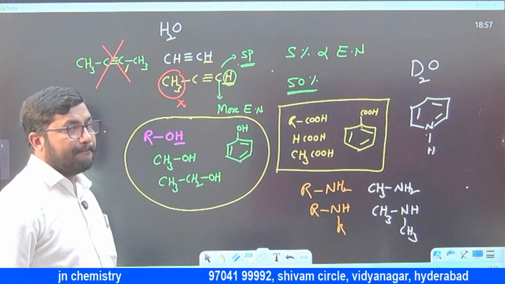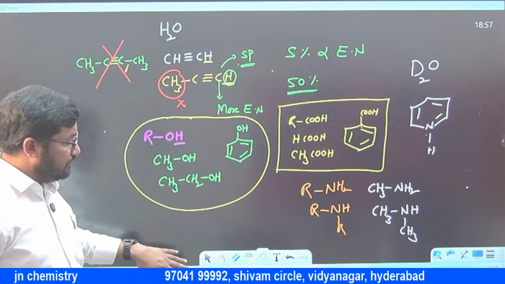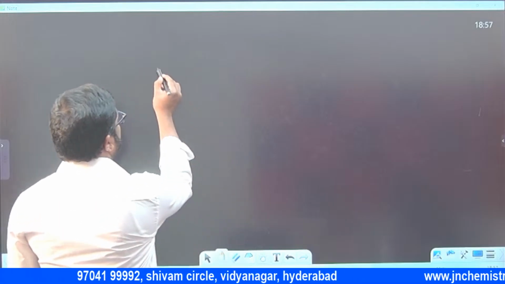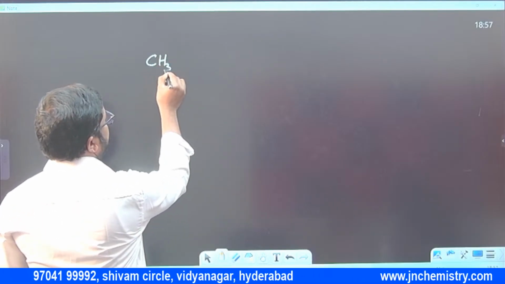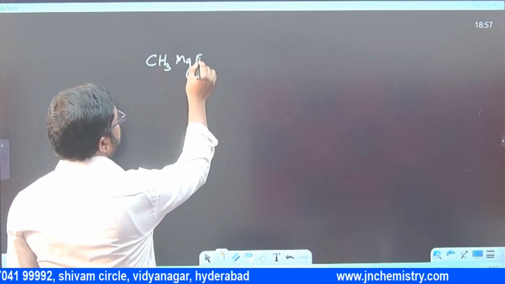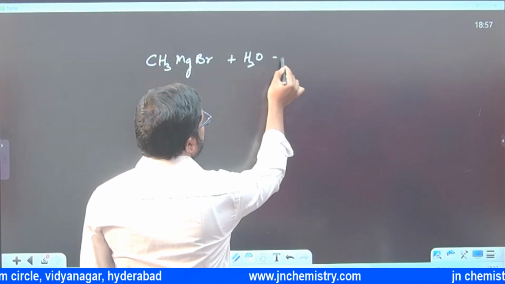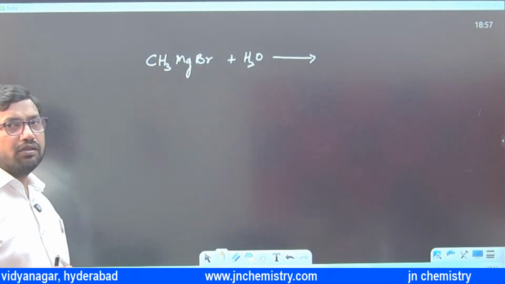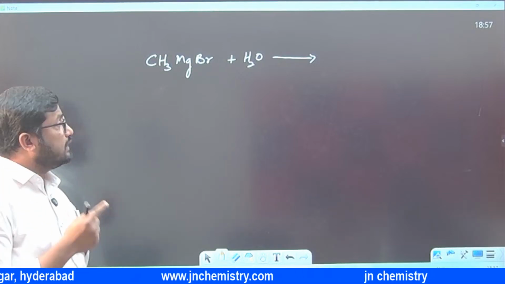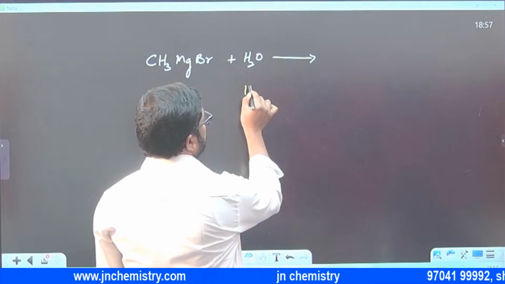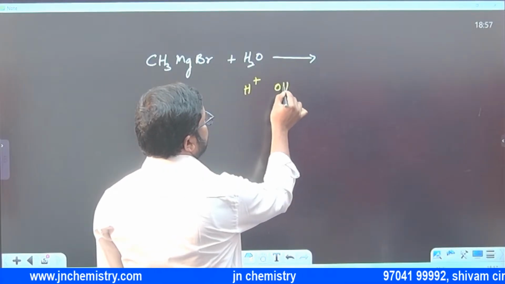So all are proton donors. Now the question is CH3MgBr plus water. So water is the proton donor, H plus. Generally this undergoes H plus plus OH minus.